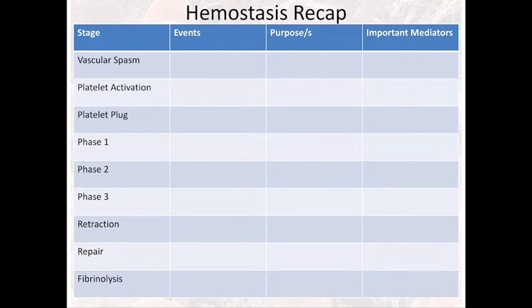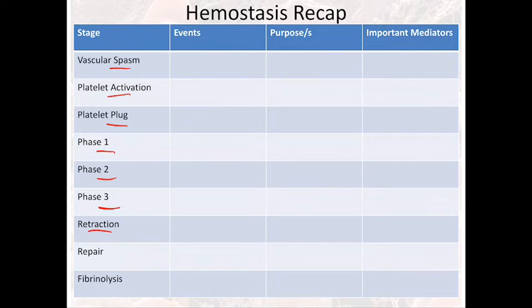Okay, I'm not going to go through this whole recap here, but this would be a good opportunity for you to pause the video, go back into your notes, look at everything you wrote down, and fill in the events that are happening during each step. We start with vascular spasm, platelet activation, platelet plug, and phase 1, 2, and 3 of coagulation.